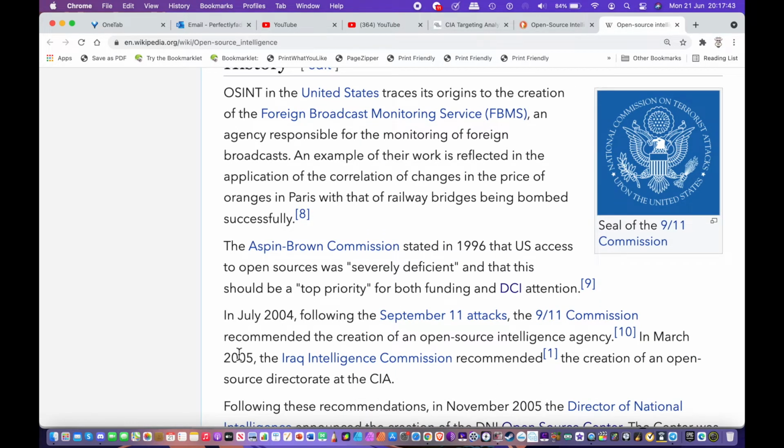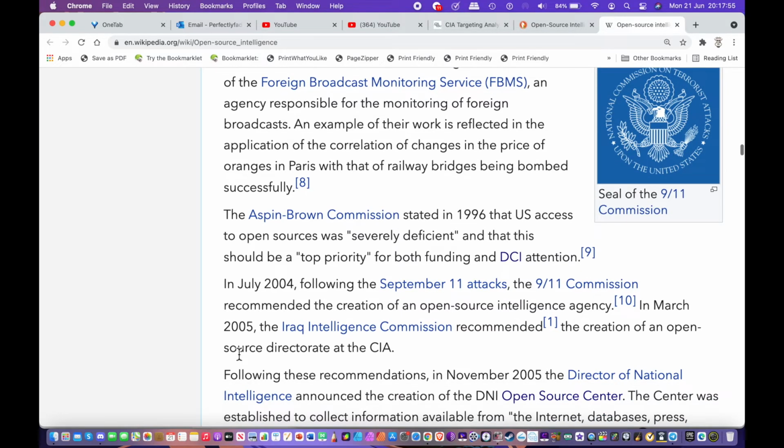The Aspin-Brown Commission stated in 1996 that US access to open sources was severely deficient and that this should be a top priority for both funding and the DCI's attention.